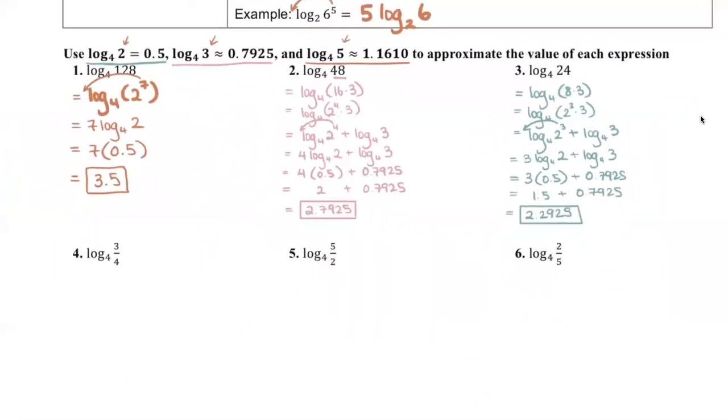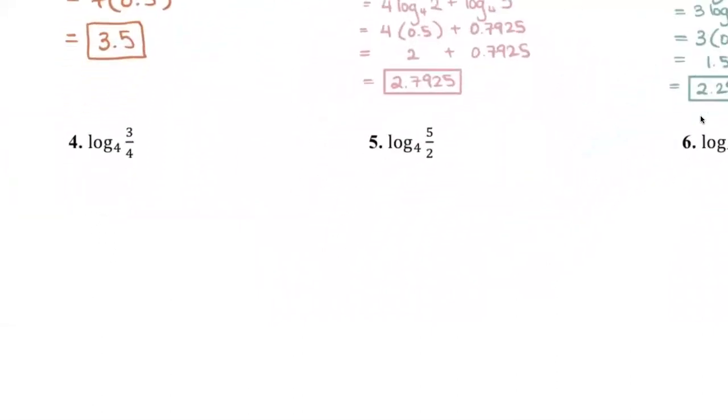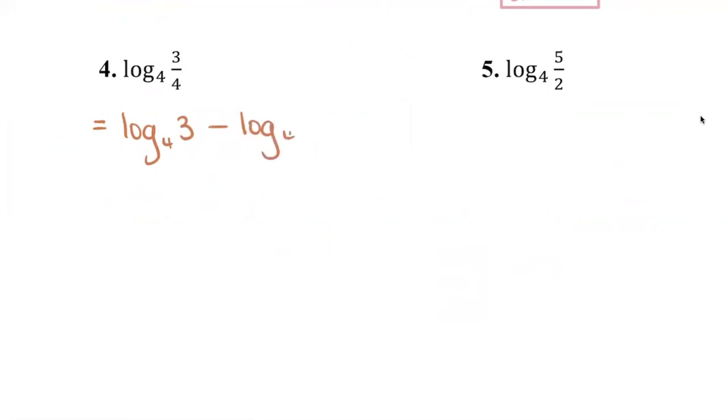Okay. All right, let me do a few more, and then I think you guys should be good. All right, so number 4. I have log base 4 of 3 over 4. All right, so we can automatically split that up to be log base 4 of 3 minus log base 4 of 4.